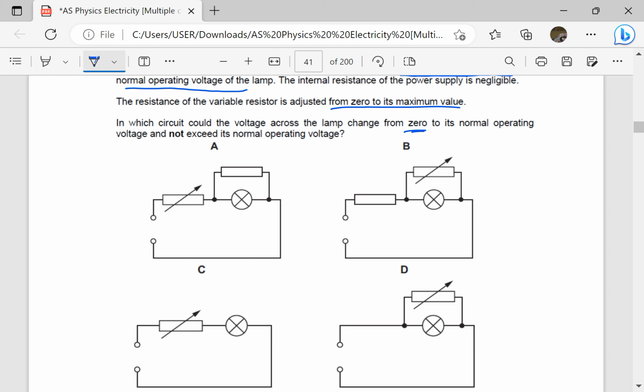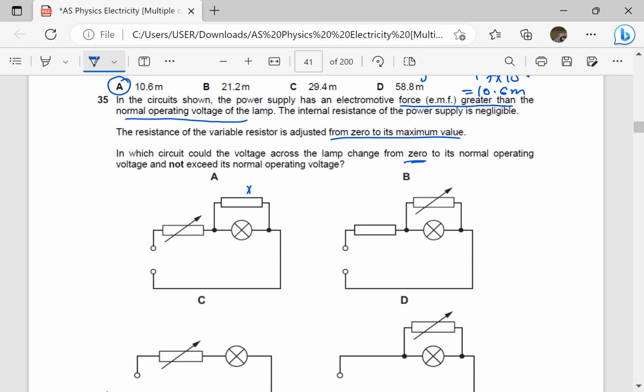Okay, so we can try to inspect these circuits which have been given. In the first case here, because we have a fixed resistor across the lamp, the PD across the fixed resistor is always going to be equal to the PD across the lamp.